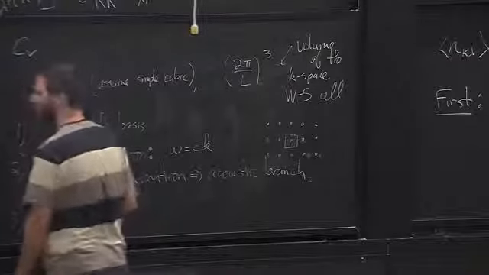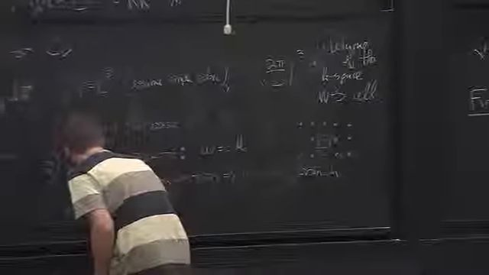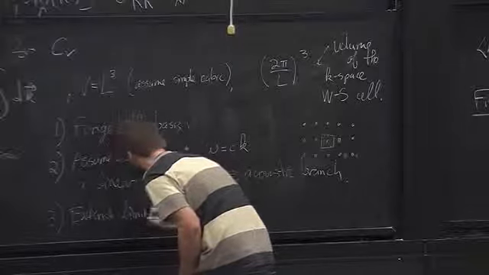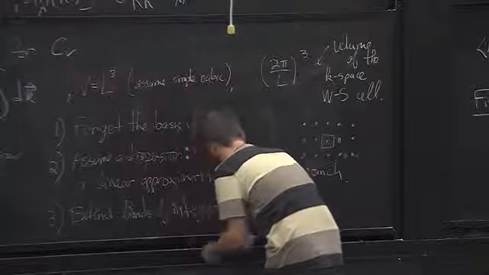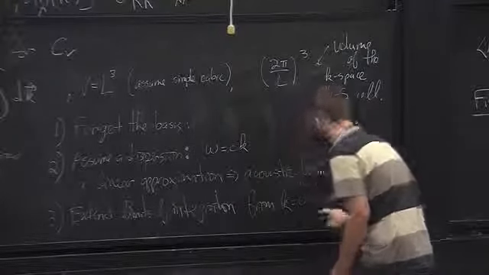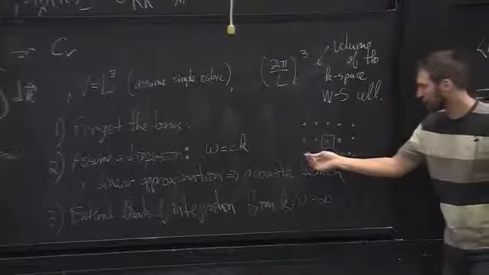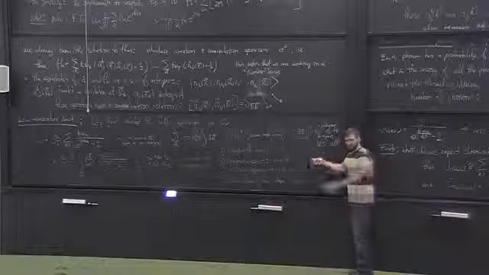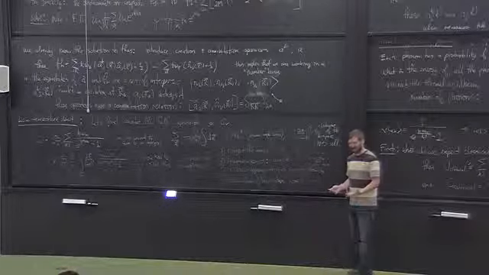The third thing, I'm just going to extend the limits of integration. And this last one isn't necessary. I could restrict that limit of integration from 0, say if this is my origin, to the volume of the entire k-space allowed to me by the size of the crystal, n.